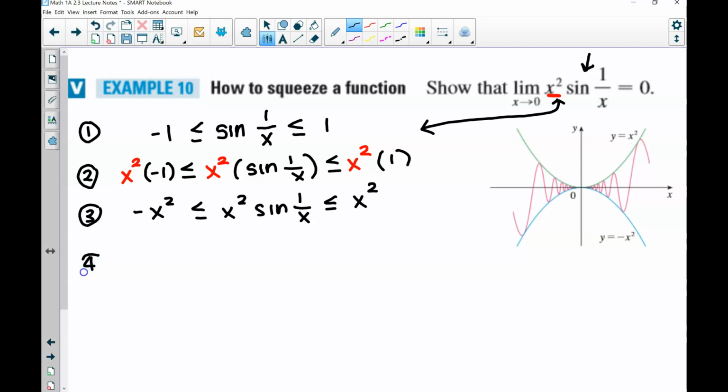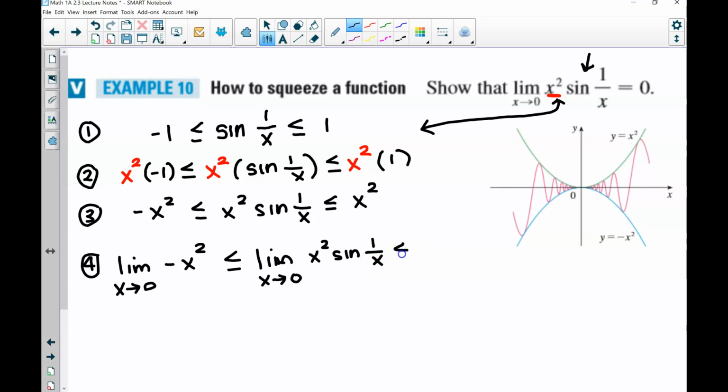So in step number 4, we take the limit as x approaches 0 of negative x squared, which is less than or equal to the limit as x approaches 0 of x squared times the sine of 1 over x, which is less than or equal to the limit as x approaches 0 of positive x squared.